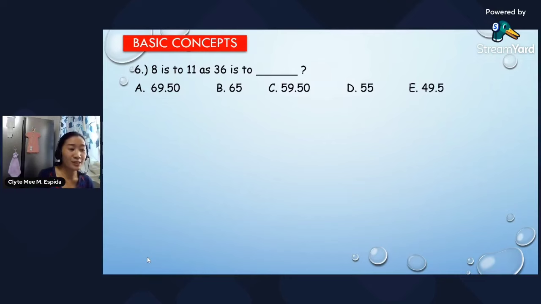Okay, we have some examples later wherein the solutions is shown. Okay, answer D, 55. Okay, meron po tayong mga examples mamaya na may mga solution.